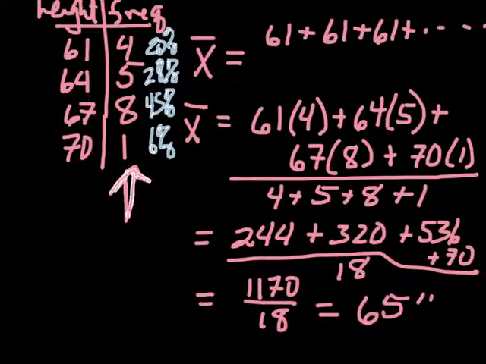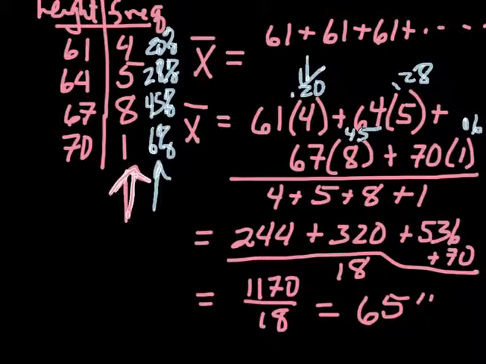I just guessed on those right now. And so instead of multiplying by 4 here, like I did, I could multiply by the relative frequency, and if I did that, then I should get the exact same answer, 65 inches. Now, I just sort of rounded these percentages and didn't make them exact, so we'll be close but not exactly on. But in general, if these are exact percentages or relative frequencies, then your answer is going to be exactly the same.